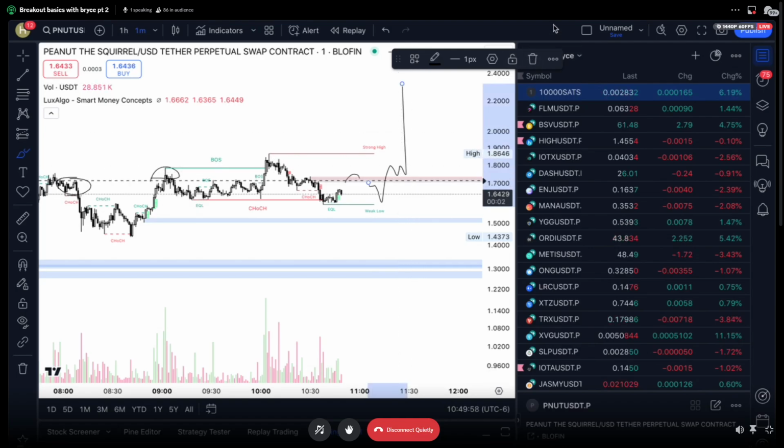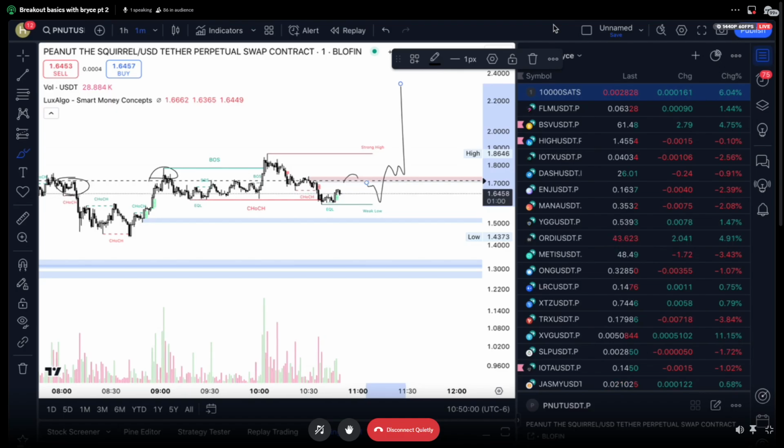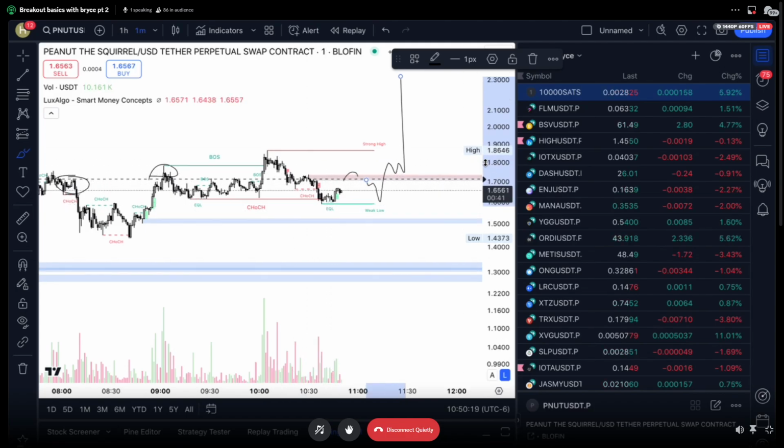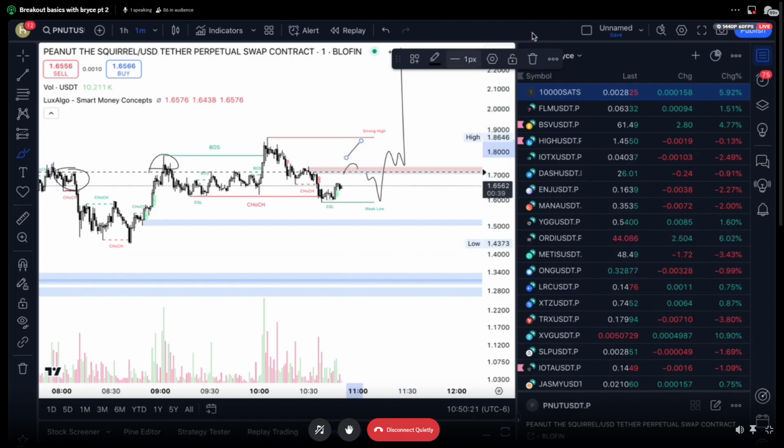Now, what I want to urge you to do, and this is super important, do not miss this: if you're using this indicator and can't plot order blocks with your own eyes, make sure you overlay a rectangle in TradingView, because this will repaint. Once this order block is mitigated, invalidated, it will disappear.